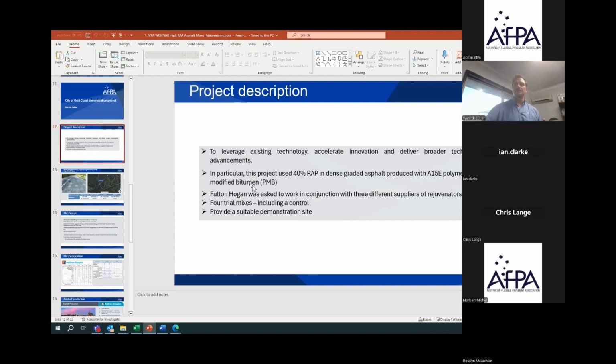Fulton Hogan was asked to work in conjunction with 3 different rejuvenator suppliers, and we were asked to provide a suitable location where we would have 4 mixes. One would be the control mix, a baseline to gauge how the rejuvenators stacked up against the original.